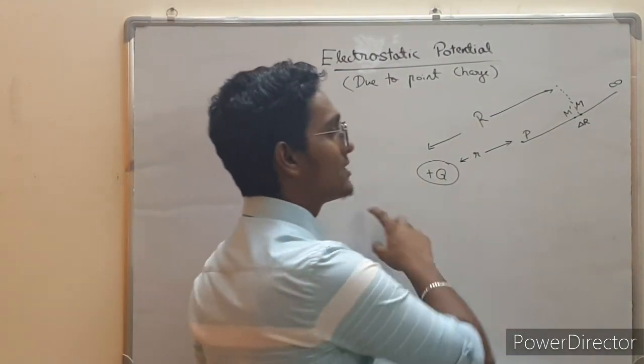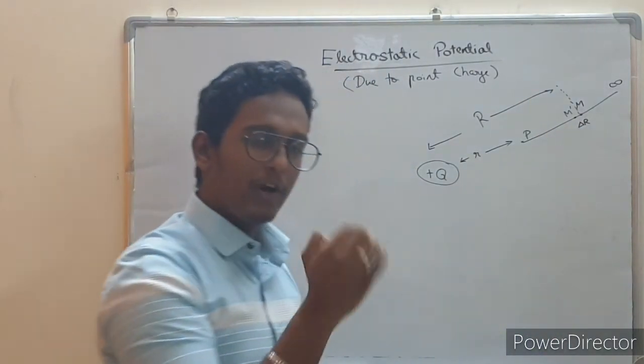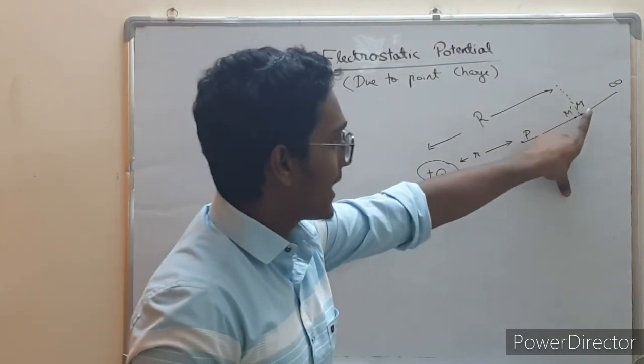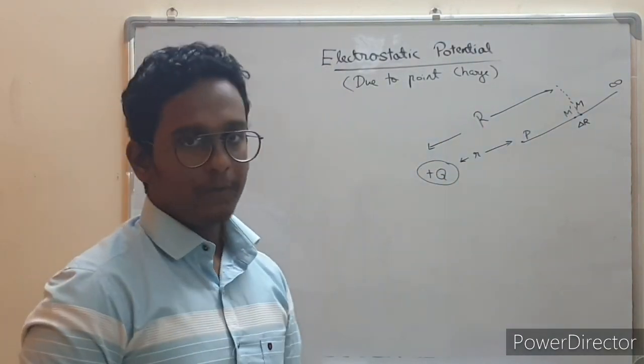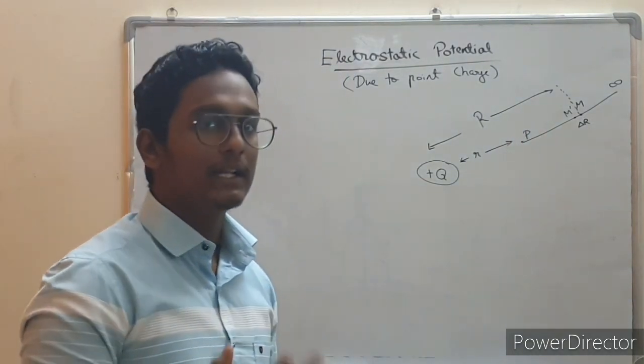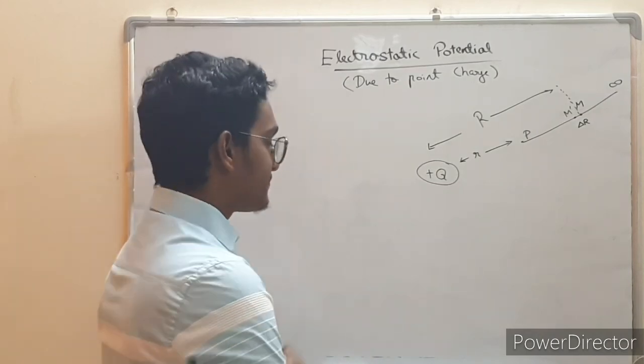So we are just going to assume a point over here and a point very close to it, that is M dash. And this point M is at a distance capital R away. This distance is very small compared to R, so we are calling it delta R. So let's see how it goes.